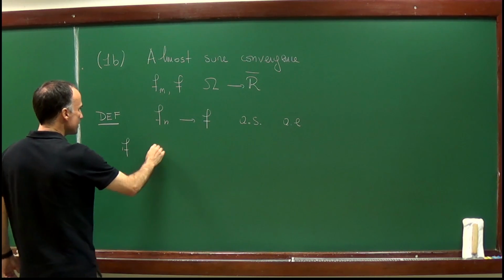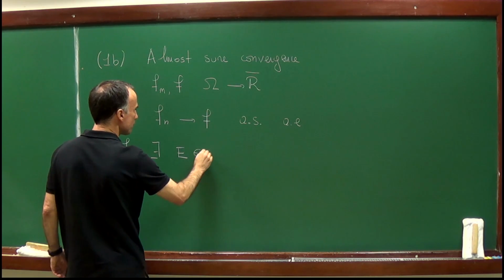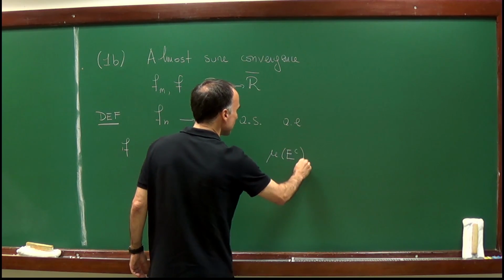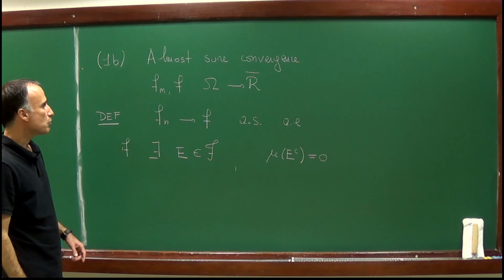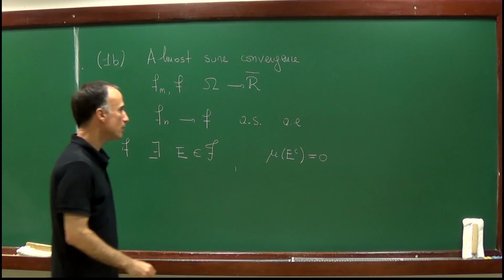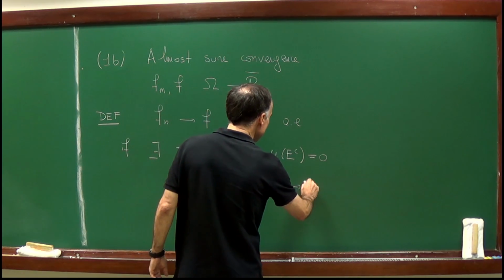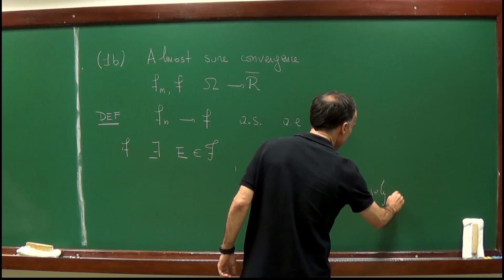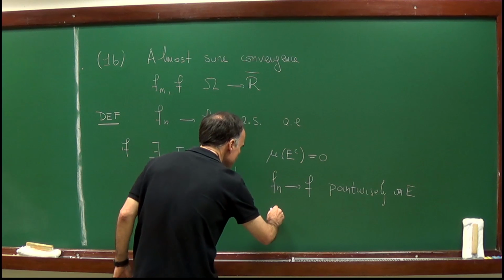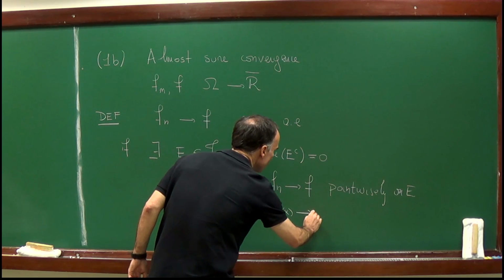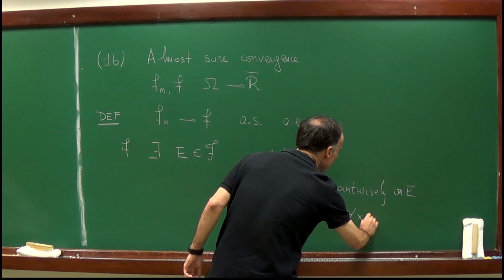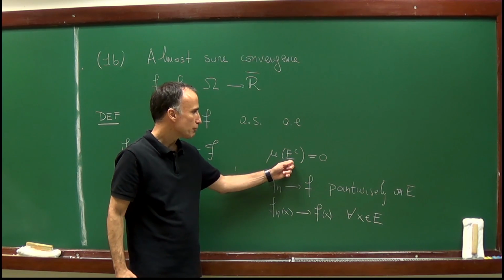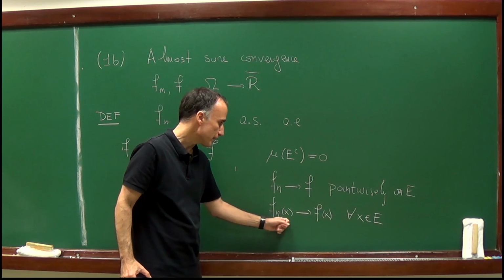If there exists a set E which is F measurable such that the first requirement is that the complement of E has measure 0, and the second requirement is that on the set E, fn converges to f pointwise, which means, as we have seen, that fn(x) converges to f(x) for all x in E. So almost sure convergence means that, except for a set of measure 0, you have pointwise convergence of fn(x) to f(x).